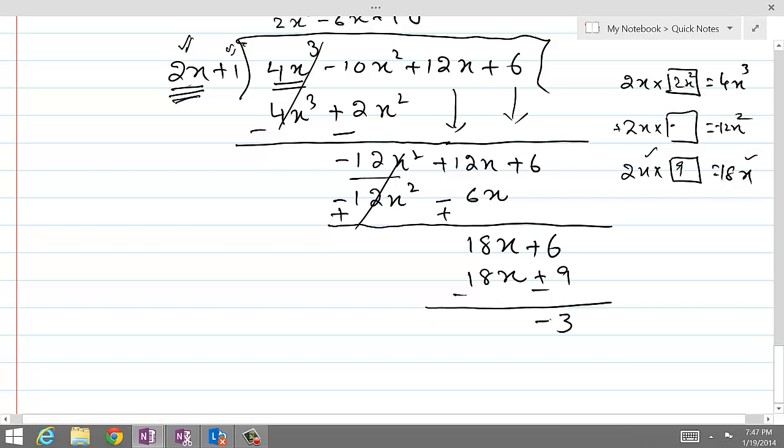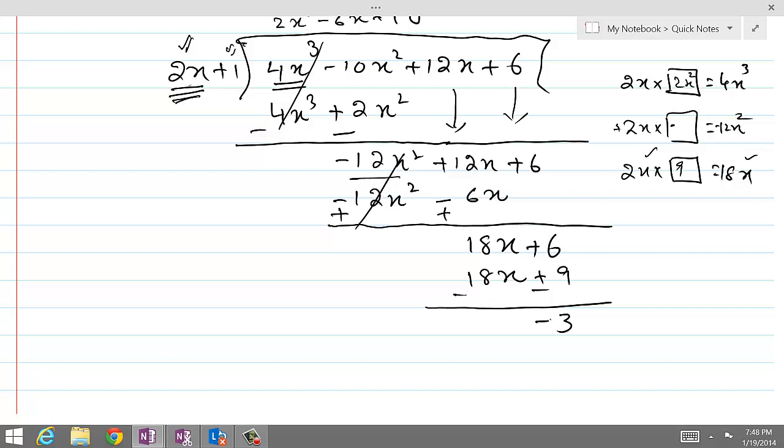See, if 2x plus 1 was to evenly divide 4x cubed minus 10x squared plus 12x plus 6, we should have got the remainder 0, but we have got the remainder minus 3. So if we add plus 3 to this expression, we can certainly get the remainder 0.